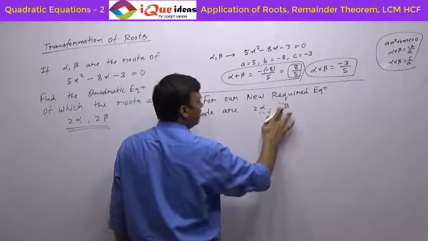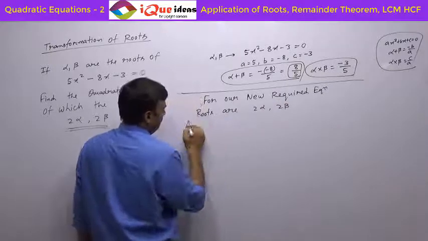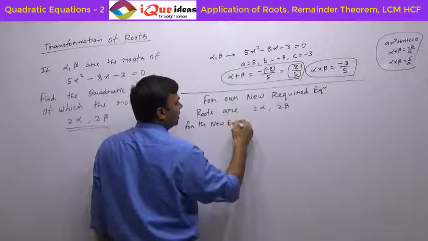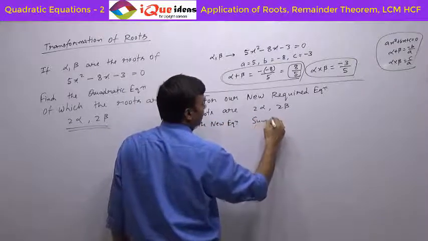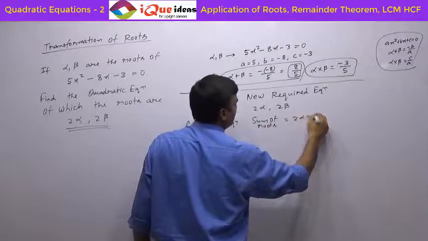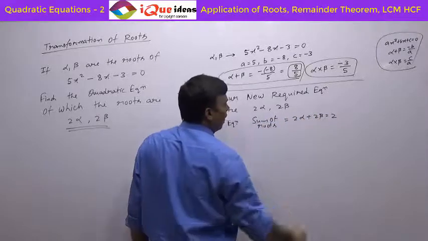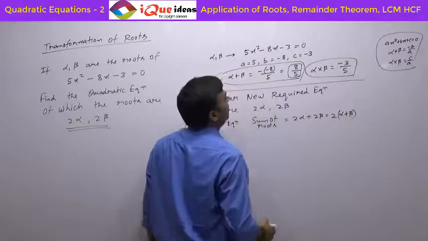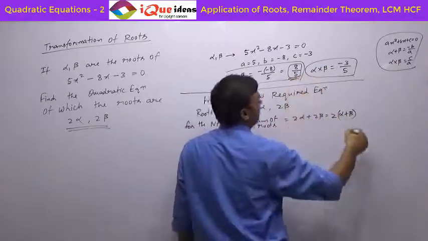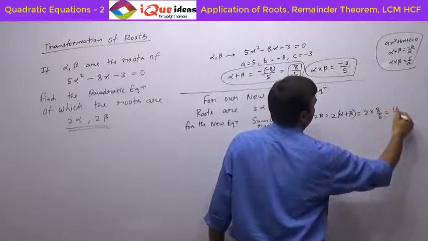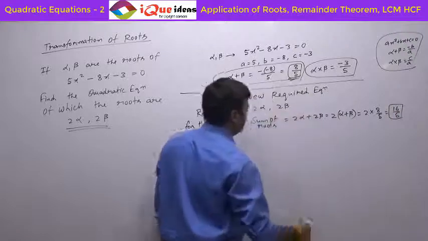So for the new equation, the sum of roots will be equal to 2 alpha plus 2 beta. If you take out 2 common, it will be 2 into alpha plus beta, and alpha plus beta we already have, that is 8 by 5. So this becomes 2 into 8 by 5, which is 16 by 5, right?